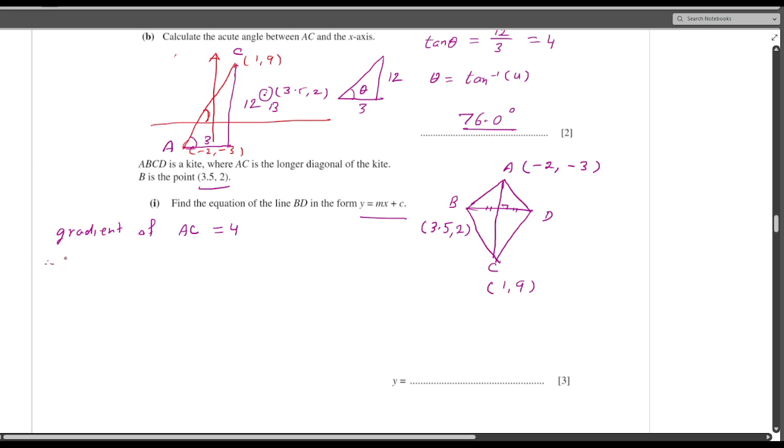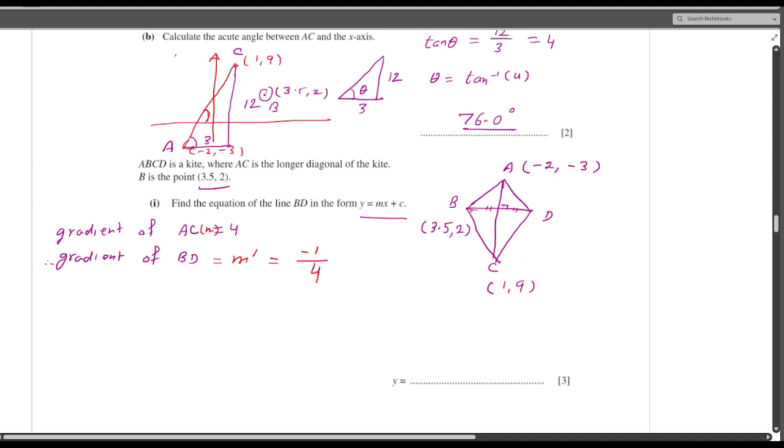Therefore I say the gradient of BD, now the gradient of AC we represent by m, so let us represent the gradient of BD by m dash, is going to be equal to minus 1 divided by the gradient of AC, which is 4. So minus 1 divided by 4.